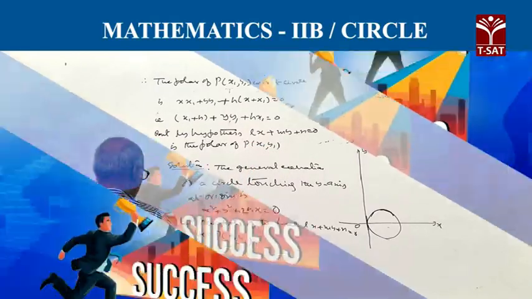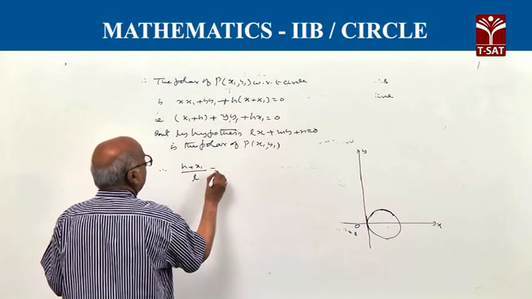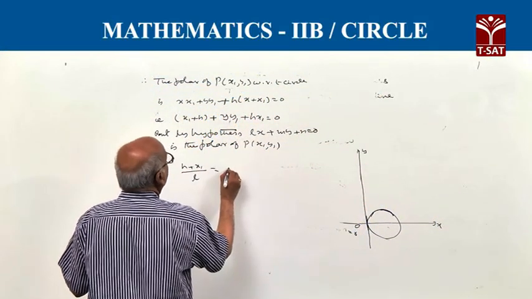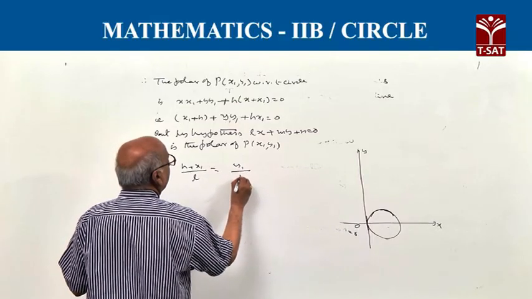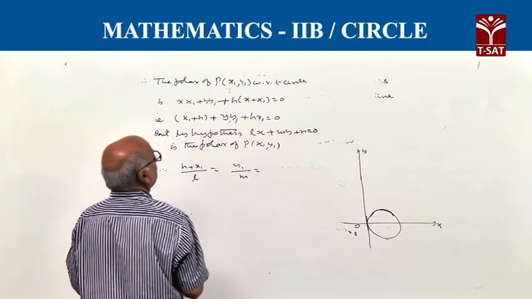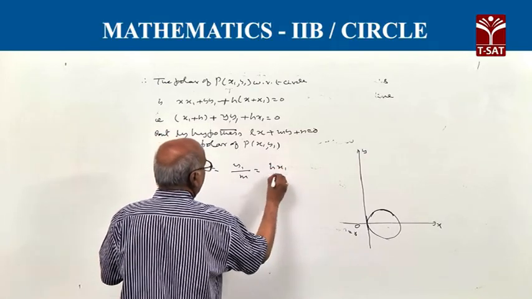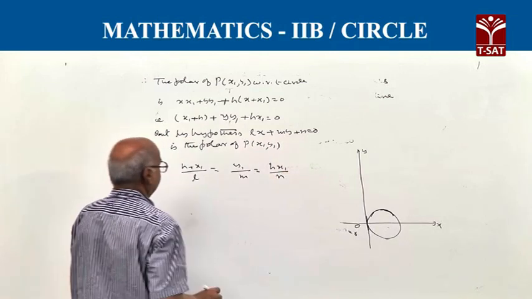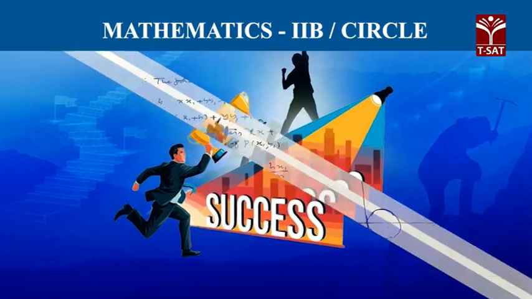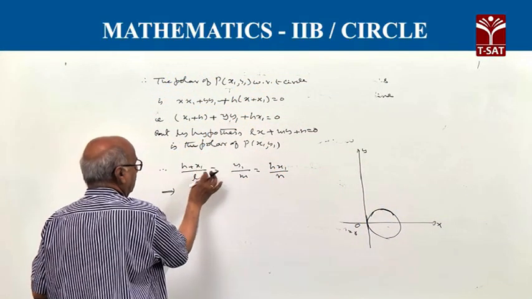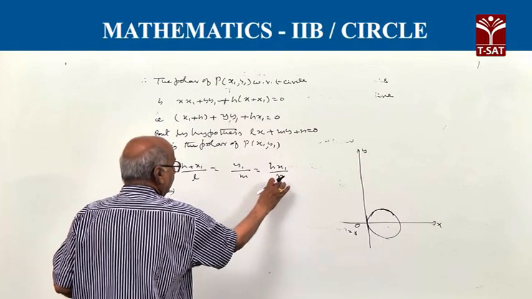So therefore, on comparing, the coefficients are proportional. So (h plus x1) by L is equal to y1 by m is equal to hx1 by n.